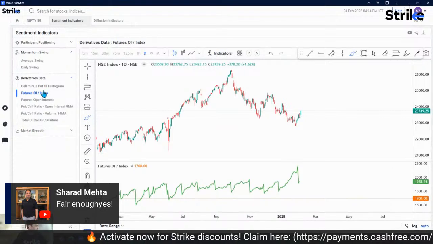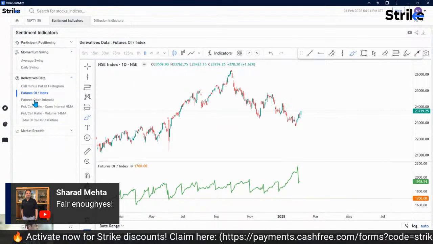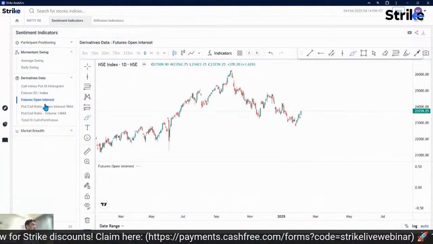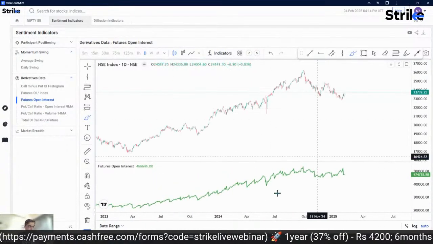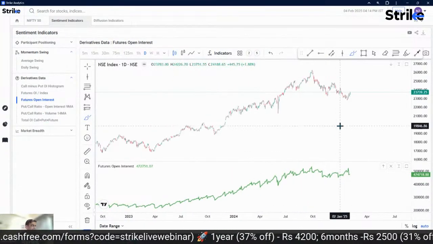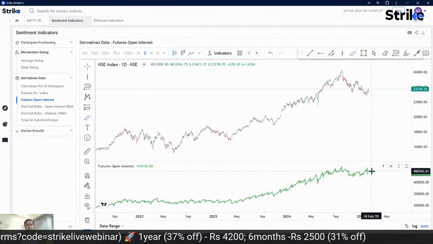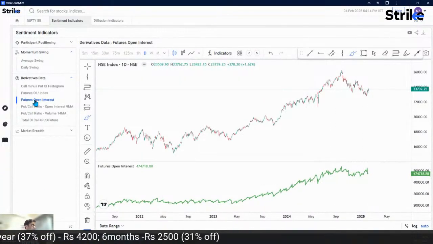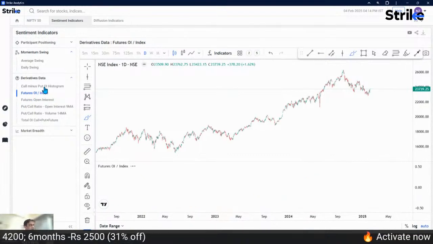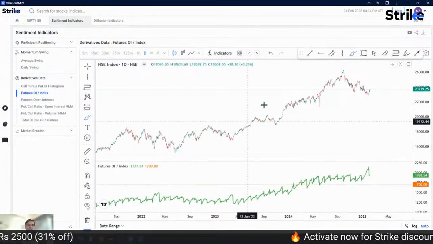Okay, let's look at the futures open interest. This futures open interest by itself will not give you a good indication, because you will see that it is ever increasing. That's why we have this futures OI and we divide it by the index.